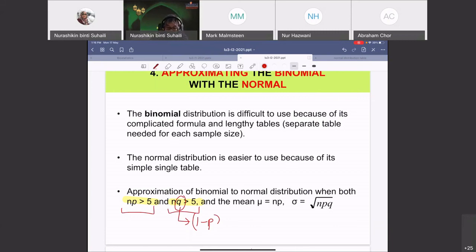If these two conditions are satisfied, then you can proceed with the normal distribution, and use this formula to find the mu, the mean, which is n times p, and the standard deviation is the square root of n times p times q, because you need these two values in order to use the z table. So that's why you have to find this.